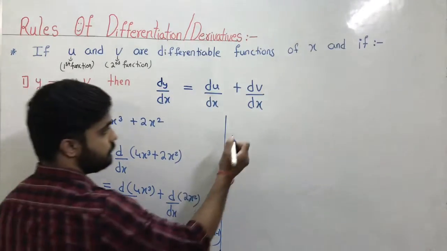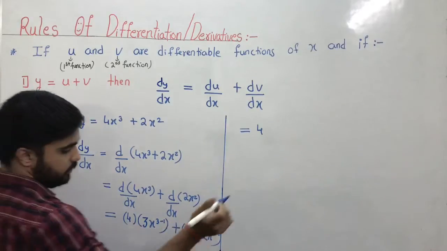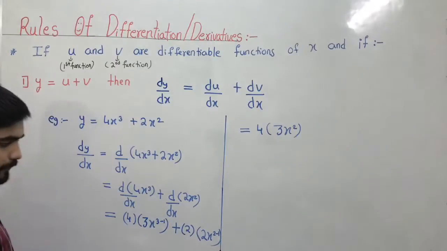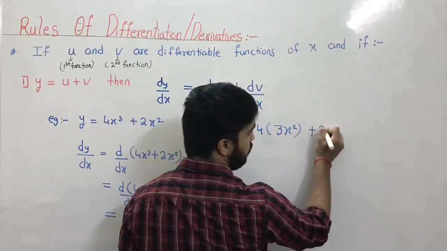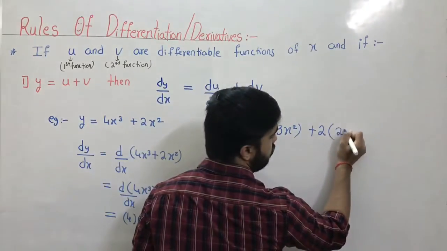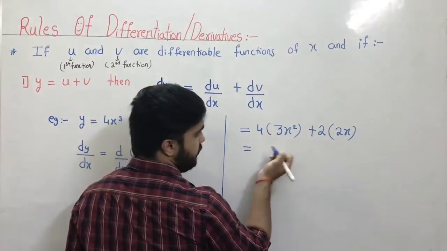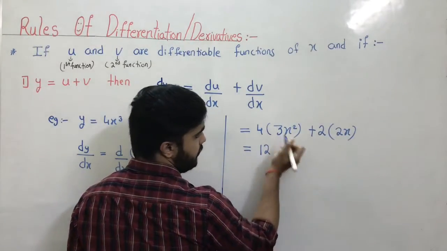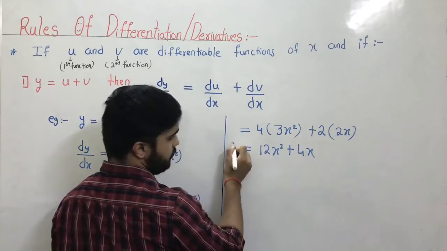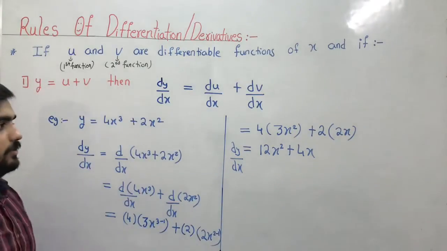So 4 as it is, 3x raised to 3 minus 1 is 3x square, plus 2 as it is, and it is 2x. After solving, 4 threes are 12, so 12x square plus 4x. So this is dy by dx for the addition rule.